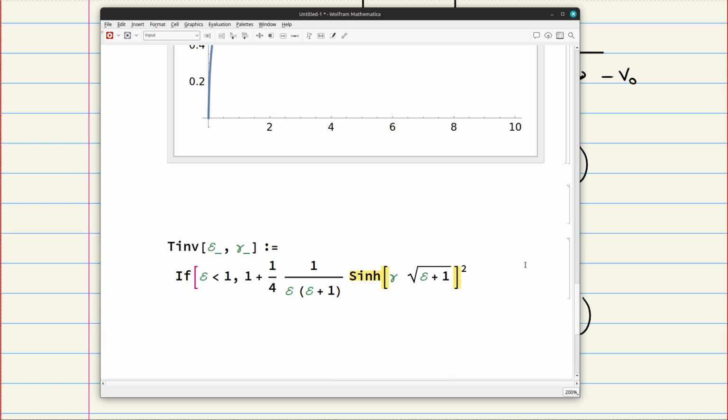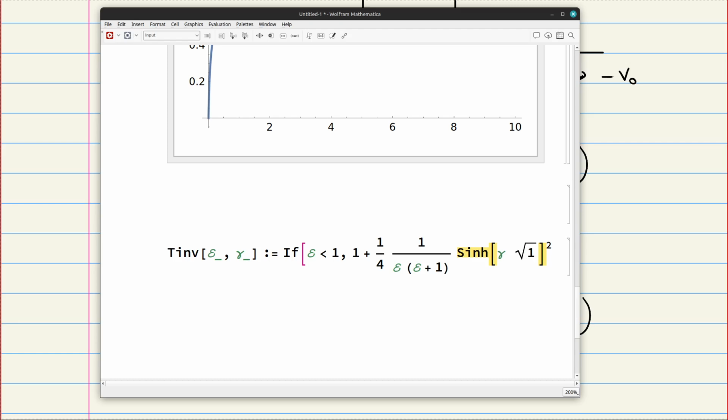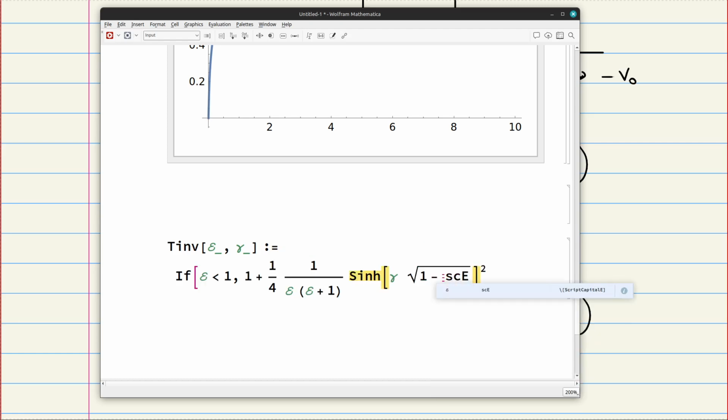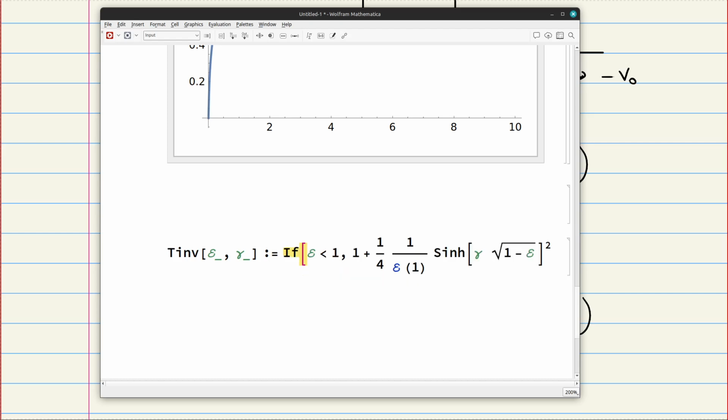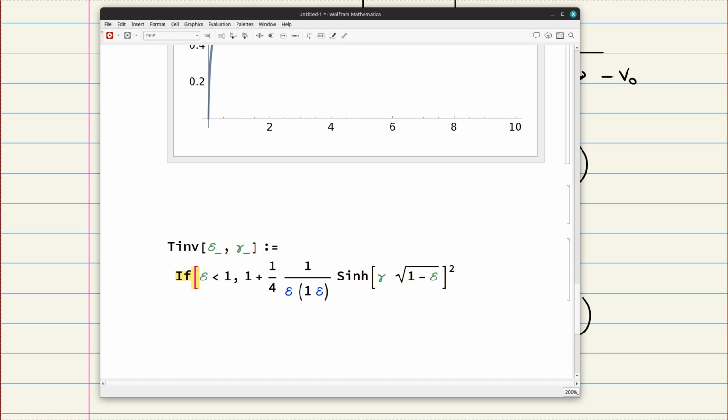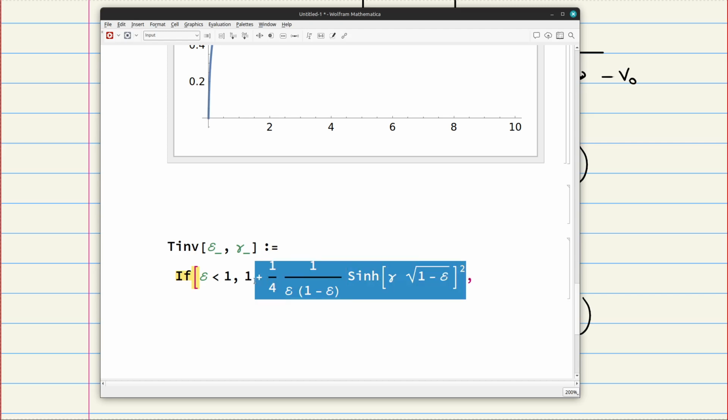This one is 1 minus epsilon. This one is 1 minus epsilon. And if epsilon is not bigger, less than 1, yes? Oh, yes, yes, thank you. Yes, I think. And the other one is exactly like this.